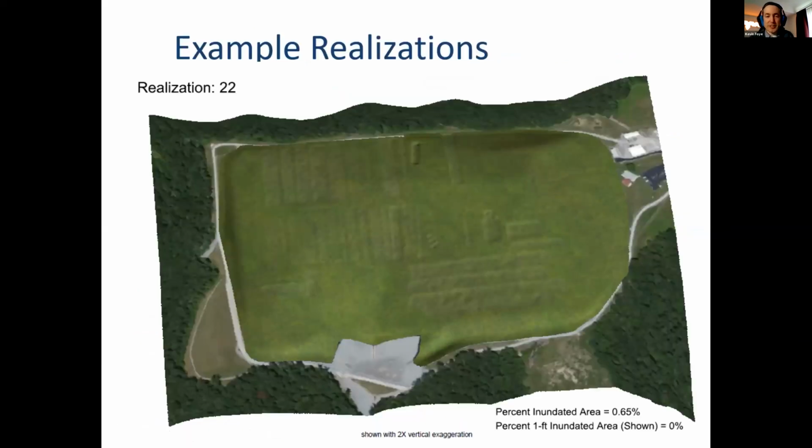We all came here to see pictures, so that's what I'm going to do next. So some example realizations. This is a 3D image of the results from our model, and I am showing settlement as shaded areas. So what you can see, this is realization 22 out of a run of 200 that we did for this particular model. And what you'll see is where these trenches are. So I showed that trench figure earlier.